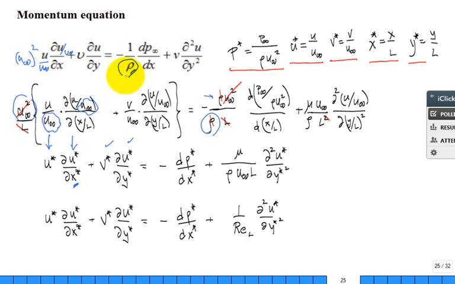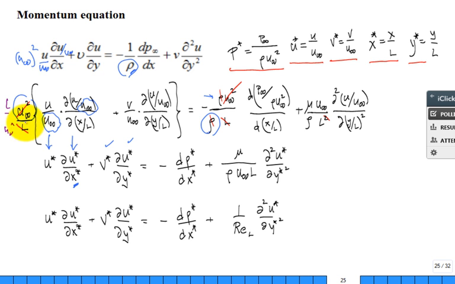And then once I have them all set up, I take and multiply the whole equation by L over u infinity squared.